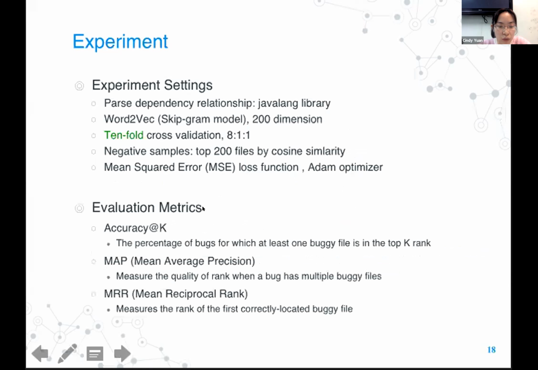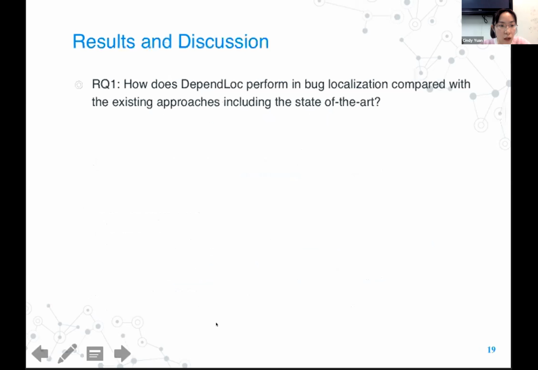We also adopt 3 widely used metrics to evaluate the performance of DependLoc. They are top K accuracy, MAP, and MRR. Our experiment results are discussed through 3 research questions. The first question is, how does DependLoc perform compared with existing approaches?